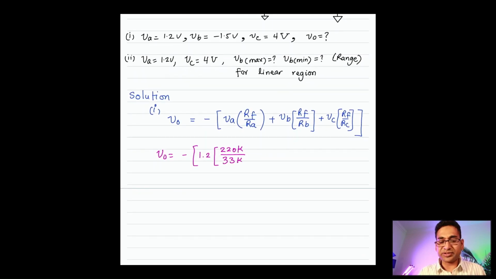Plus VB, which is given to be negative 1.5 volts.